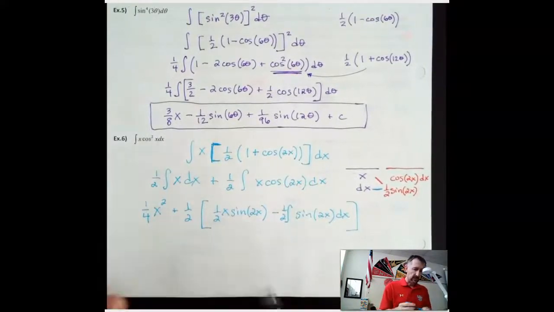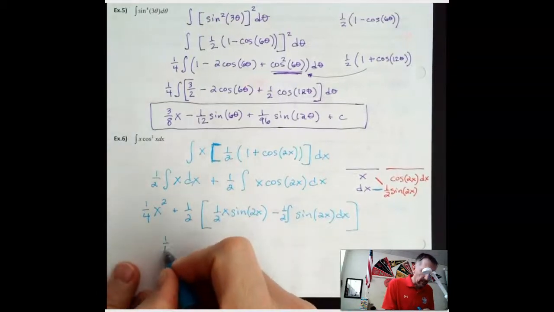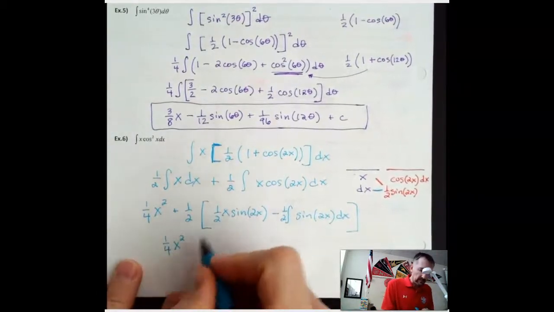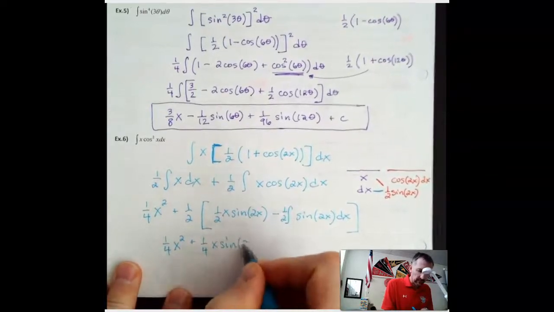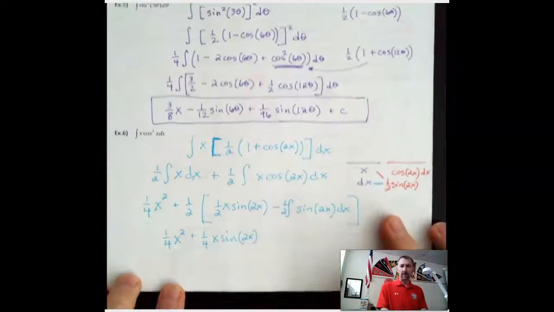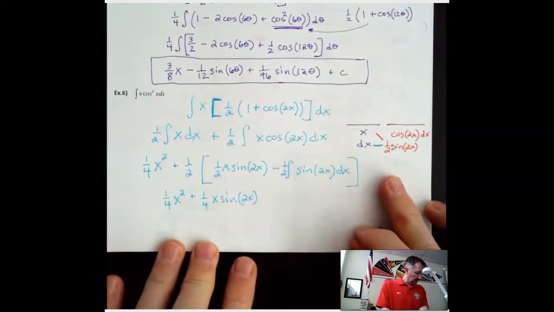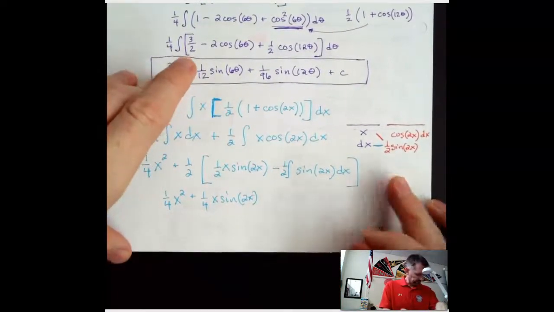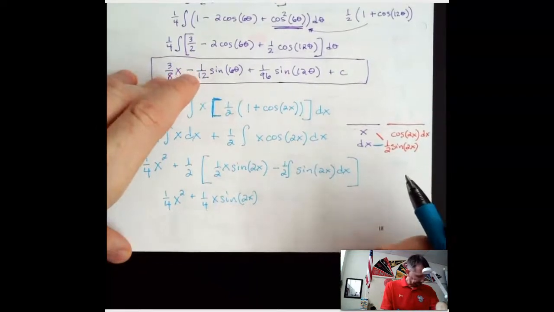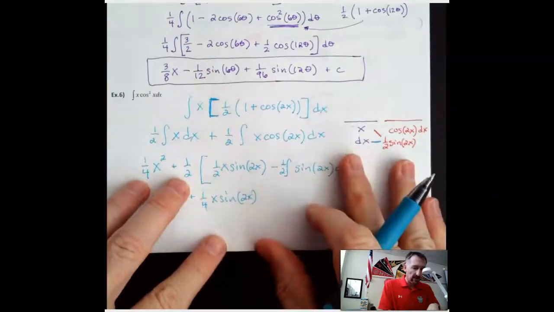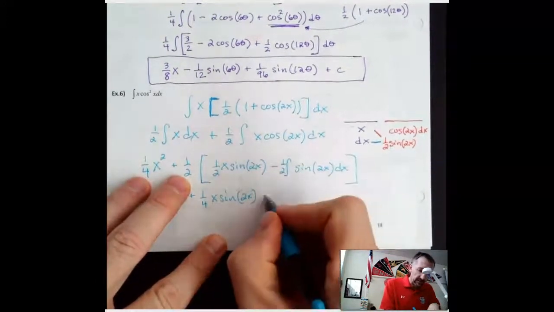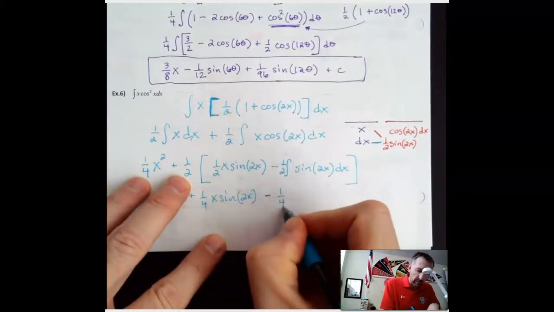Okay, so 1/4 x squared plus 1/4 x sine 2x. And then we have 1/2 times negative 1/2, so that's going to be negative 1/4.